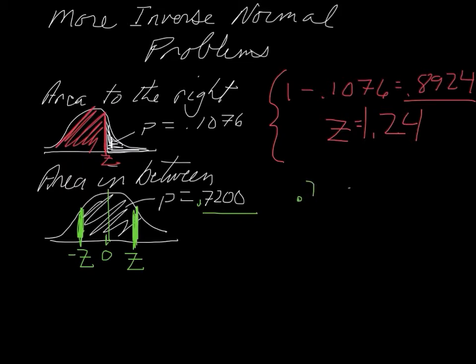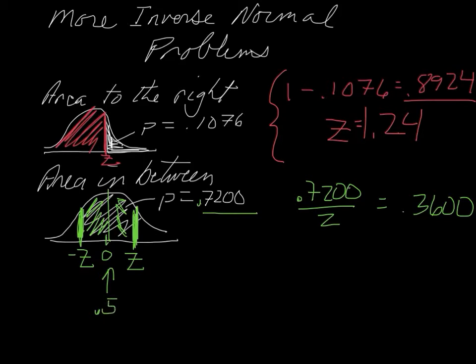So I can take 0.7200 and divide it by 2 and get 0.3600. And then that 0.36 represents this area right here and this area right there. And so what I need to recognize is that at 0 standard deviations, the probability is equal to 0.5.